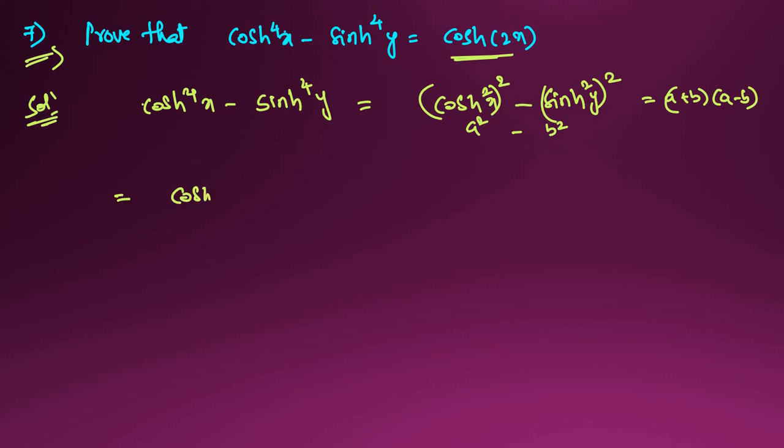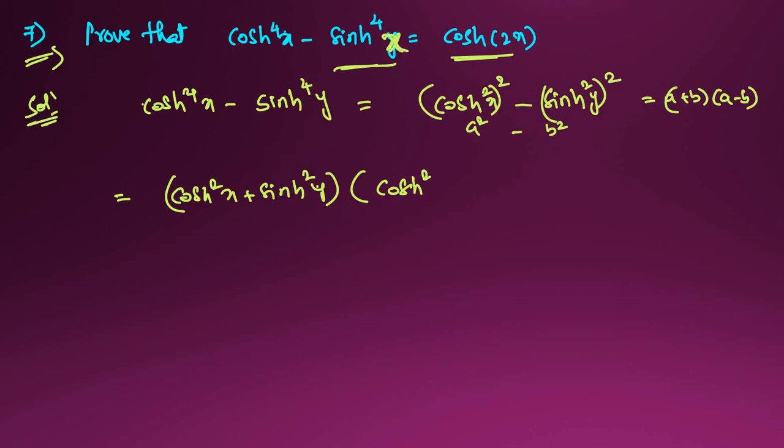So cosh²x + sinh²x, into cosh²x − sinh²x. Sorry, I took it wrong, this is x only.